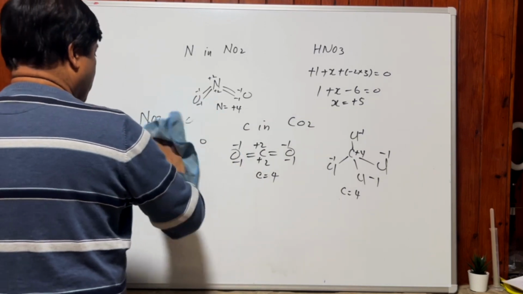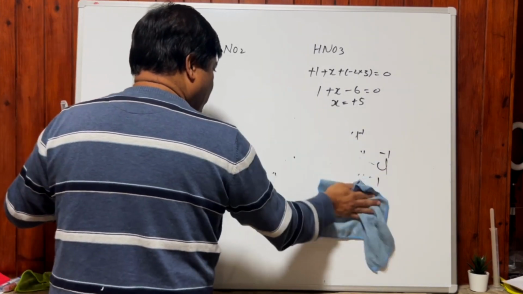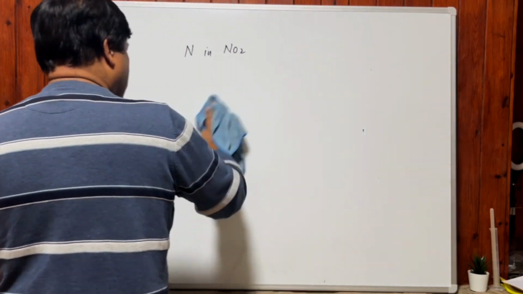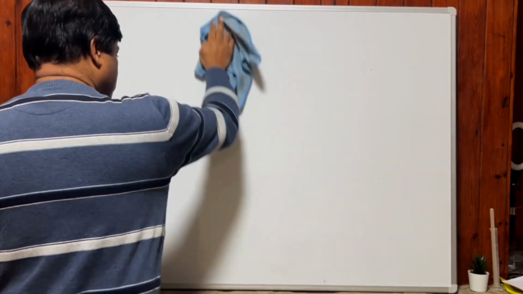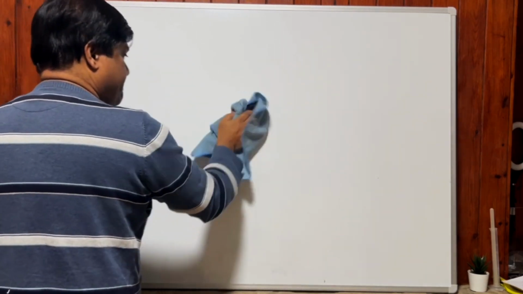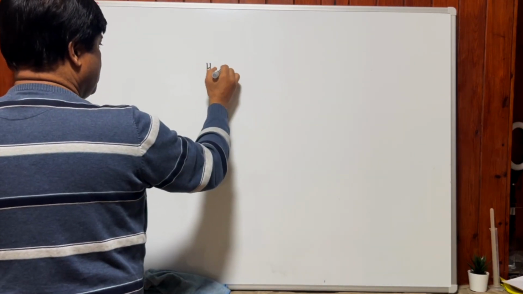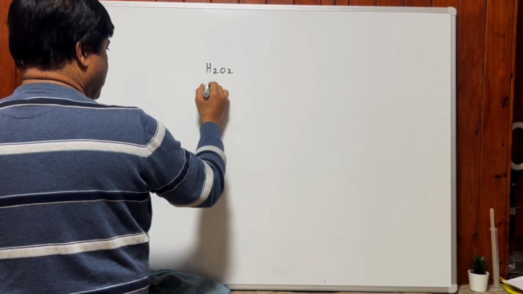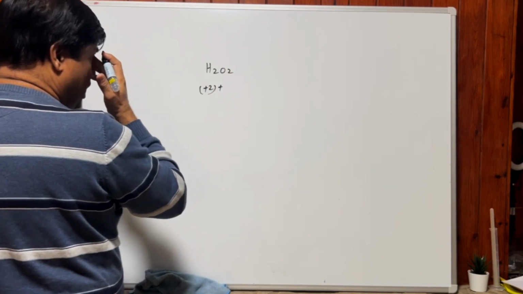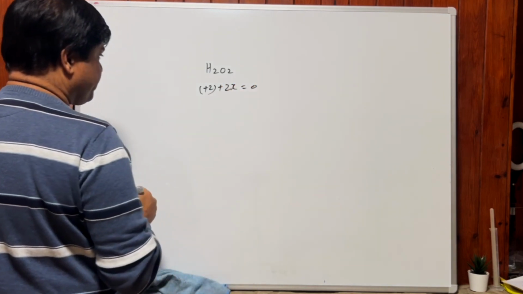Now, sodium tetrathionate. First we will do hydrogen peroxide, H2O2. Suppose we don't know the oxygen: plus 2 plus 2x equals 0.